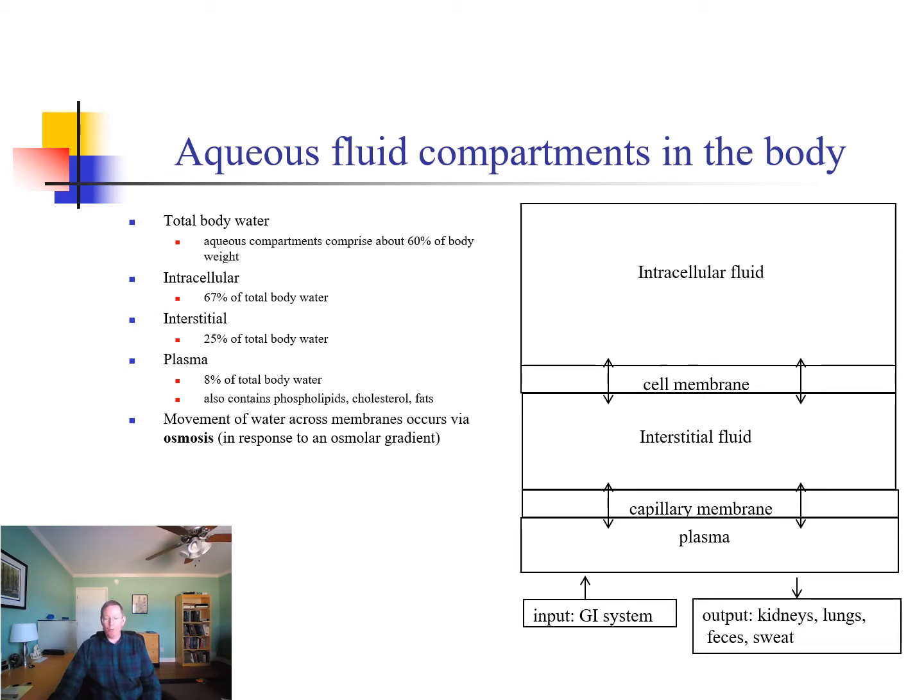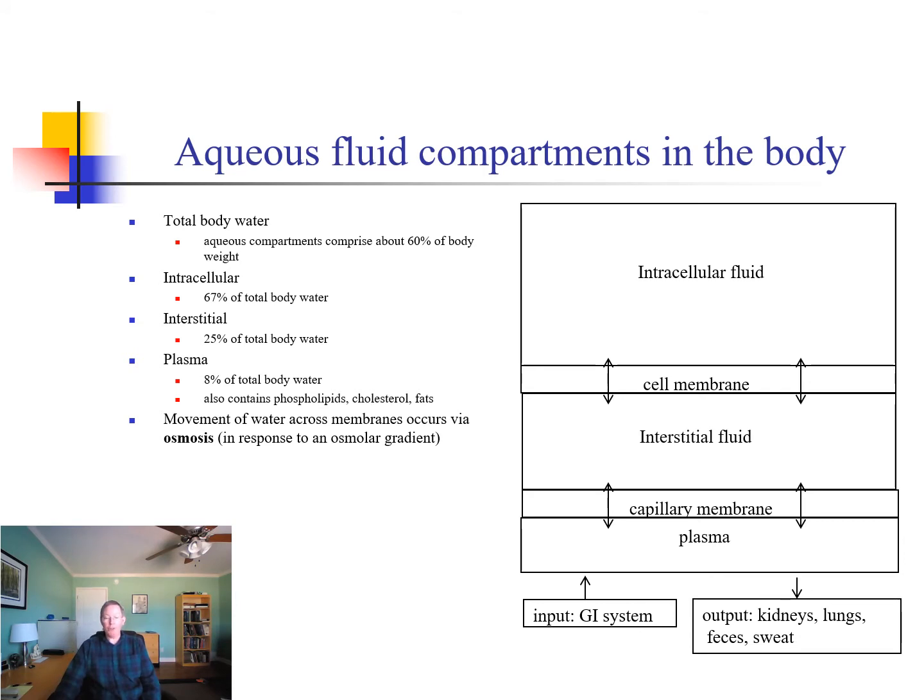So I move water inside my body across these different domains based upon osmosis. And that means that I have to have an osmolar gradient to move water. Now, if I don't have an osmolar gradient, then there'll be no net flow of water from one compartment to another.